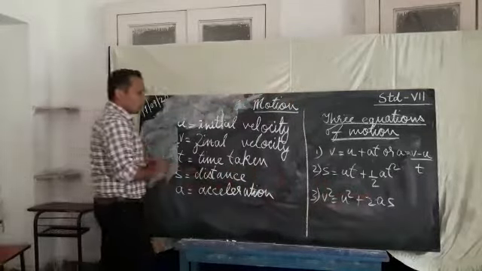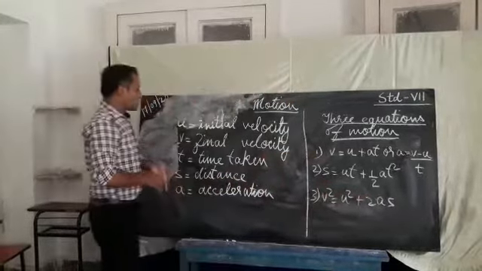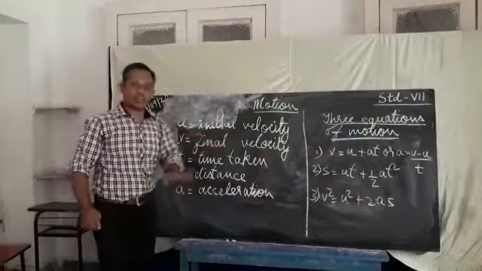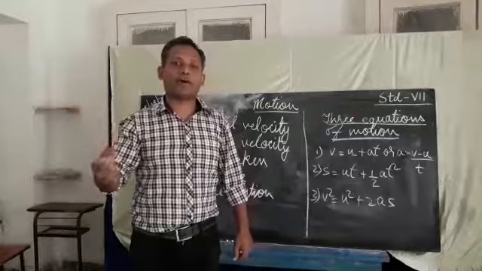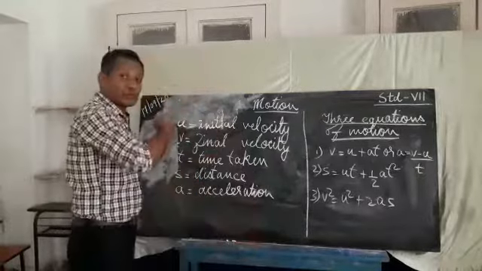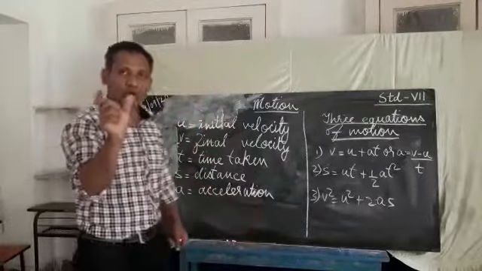Now, what do these letters stand for? u stands for initial velocity. We have studied when we studied about distance: distance is the length of path covered by a body from initial position to final position. That time I told you what is initial.